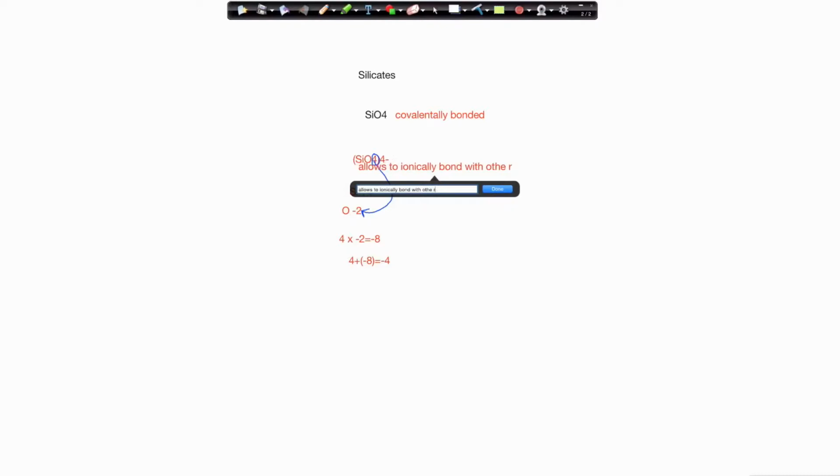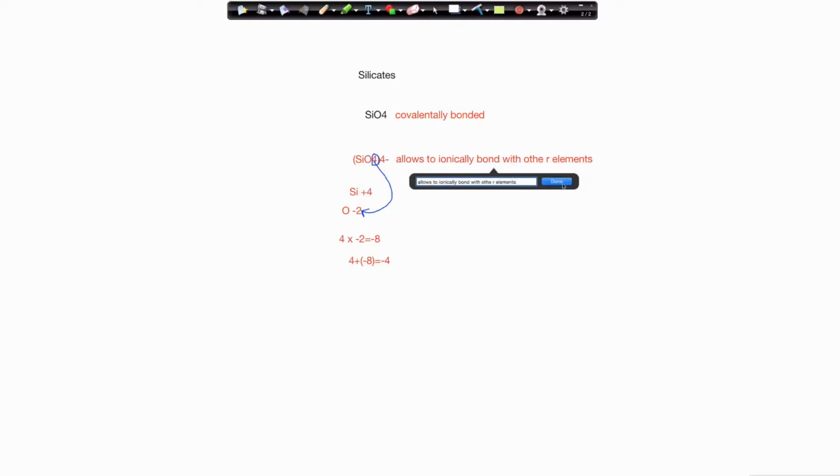Otherwise, if it didn't have a charge, it would just be silica. So most silicates have other elements like aluminum, potassium, calcium, and they're ionically bonded to the silicate structure due to the fact that it has a charge.